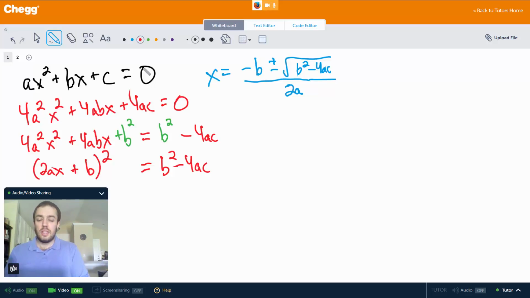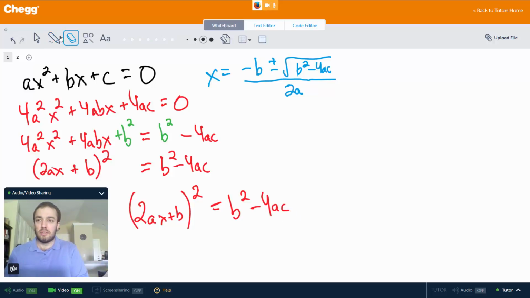All right, now let's come down here. So 2ax plus b quantity squared equals b squared minus 4ac. Let's take the square root of both sides.